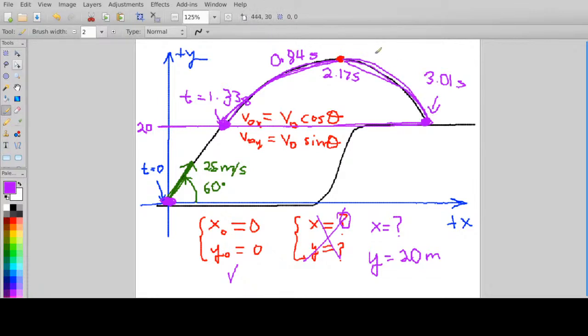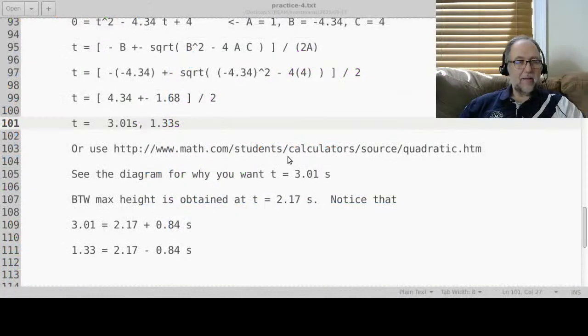That's also 0.84 seconds, because as the thing goes up, it comes down the same way it went up. The parabola is totally symmetrical around the red dot. Mine isn't because I didn't draw it so well, but that's the idea. So if I switch back, I'll show you how I got that 0.84 seconds.